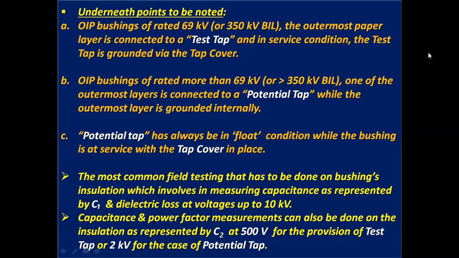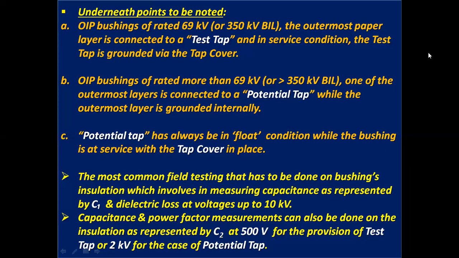The most common field testing on bushing insulation involves measuring capacitance, represented by C1, and dielectric loss at voltages up to 10 kV.